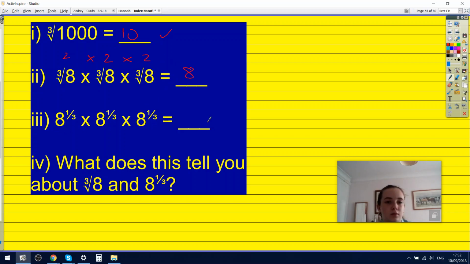Next one? 8. Yeah. So then they're equal. Yeah, so that's like 8 to the 1, which is just 8. They're the same as each other. So something times itself 3 times gives you 8. Something else times itself 3 times also gives you 8. These must be the same as each other. And so to the power of a half is square root. To the power of a third is cube root. And so on.